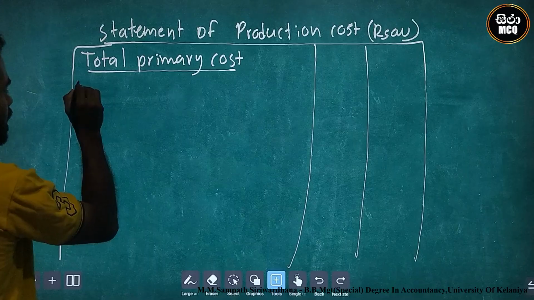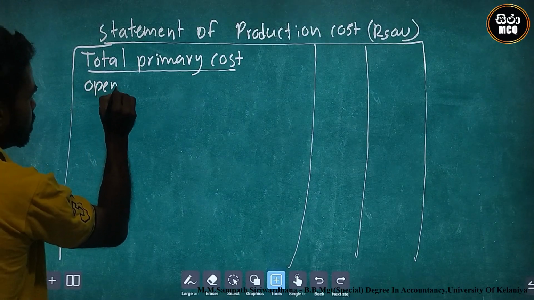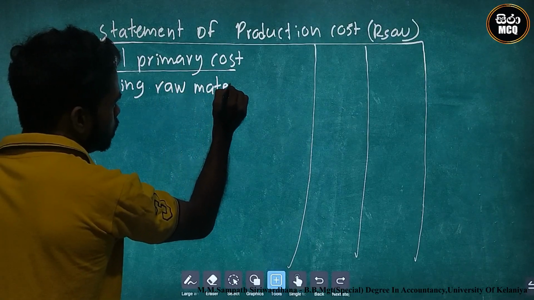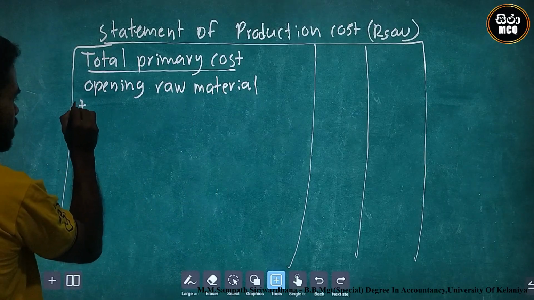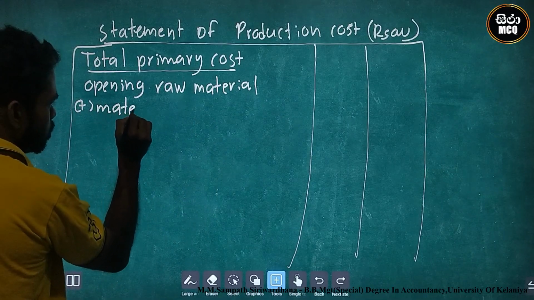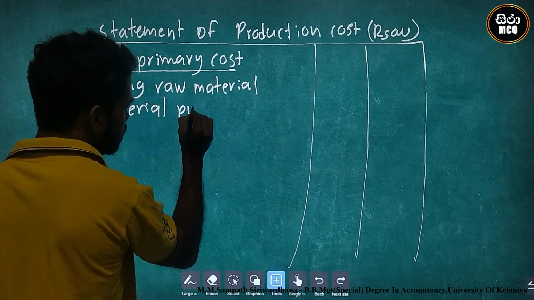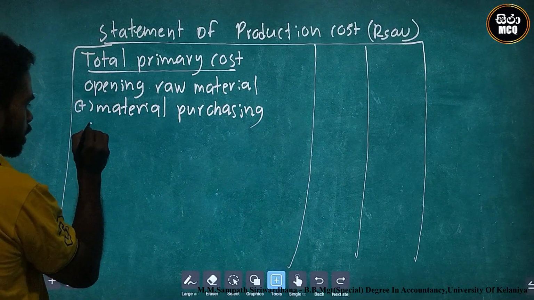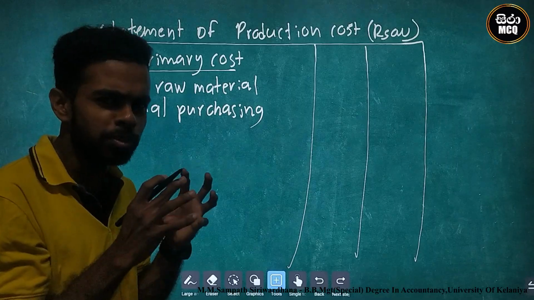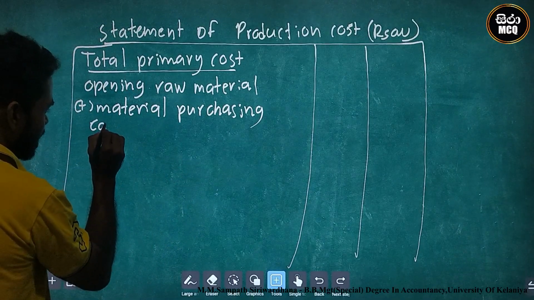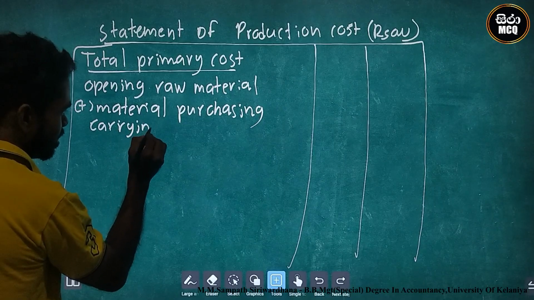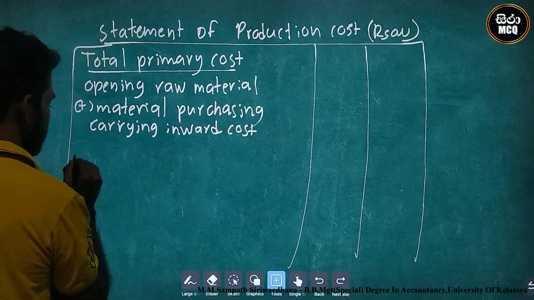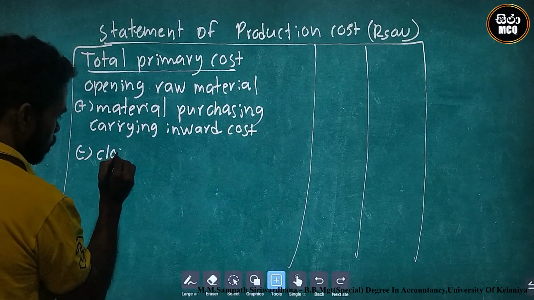At this time we can calculate opening raw material, we add material purchasing and material carriage inward cost, and we minus closing raw material.